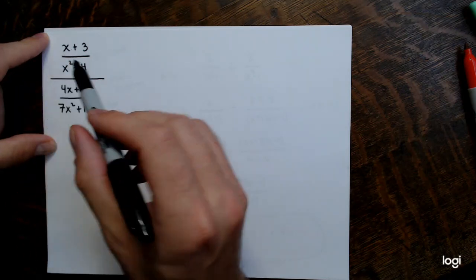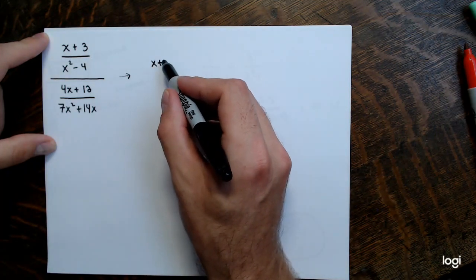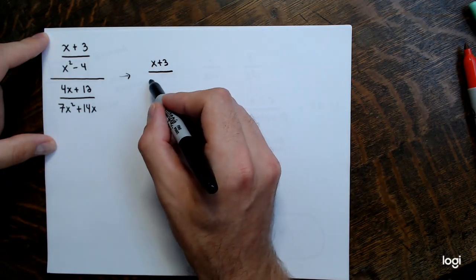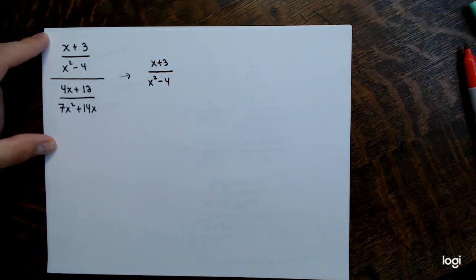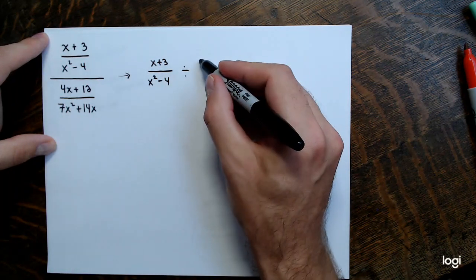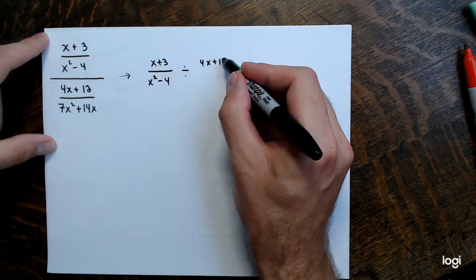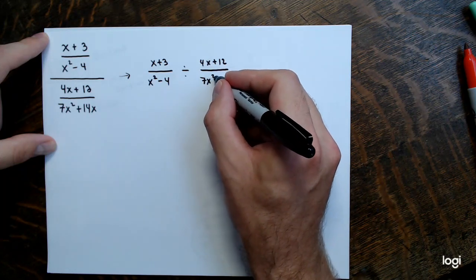So I'm going to rewrite this using the division symbol. This is x, just to get it to be similar to the previous examples. So there's my dividend, and then the divisor is 4 times x plus 12 over 7x squared plus 14x.